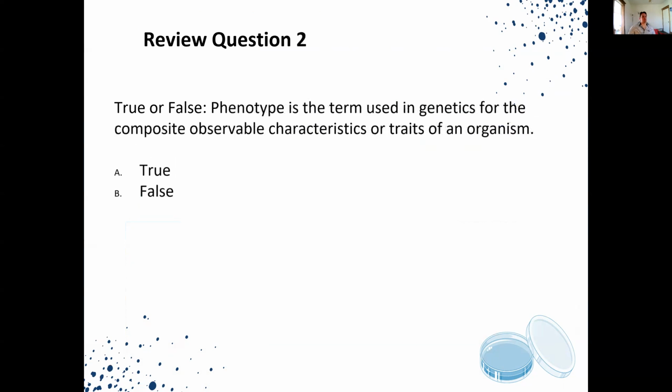So question 2, true or false? Phenotype is the term used in genetics for the composite observable characteristics or traits of an organism. I'm going to give you guys about 5 seconds for this one. If you need more time, again, just pause the video. The answer here, of course, is also true. Something you can use to remember this: phenotype and physical sound similar.